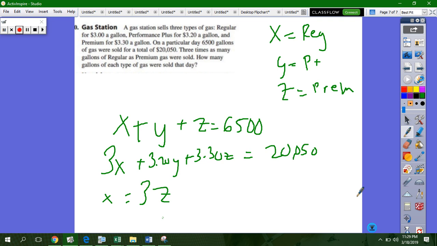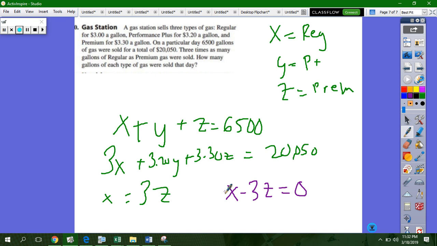So therefore, I know I have to times the premium by 3 to get what the regular is. For example, think in your head, if I have 6 gallons of premium, how many regular does that mean? Oh, 18. So therefore, this equation works. So really quickly, it's nice because I already have one of my equations in a 2x2, if you see this. Okay, my 2x2 is x minus 3z equals 0.